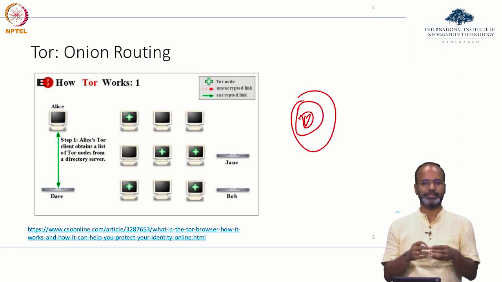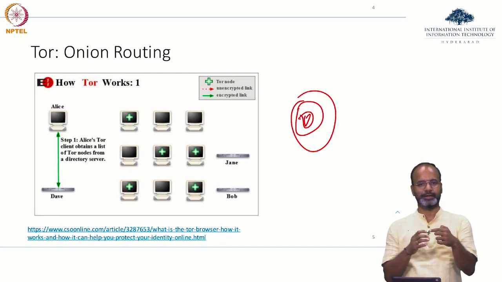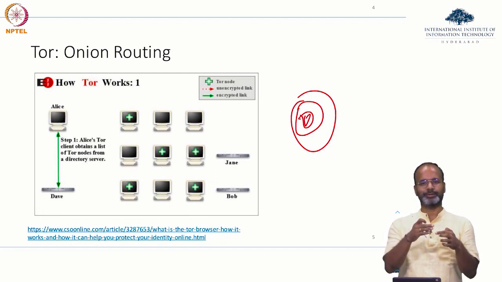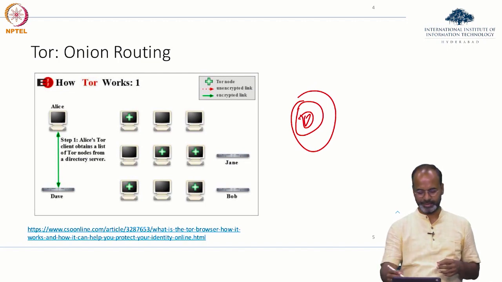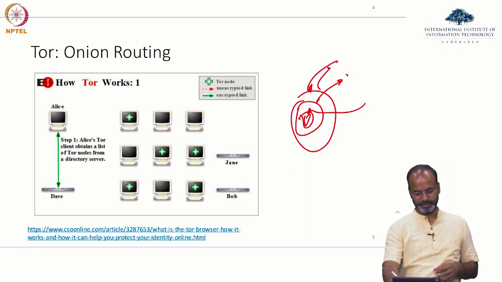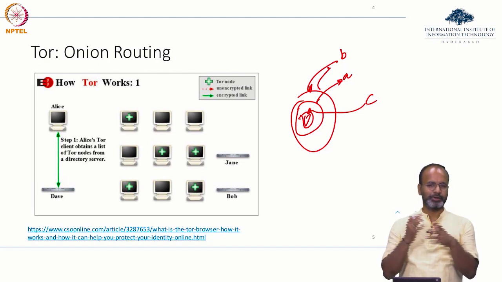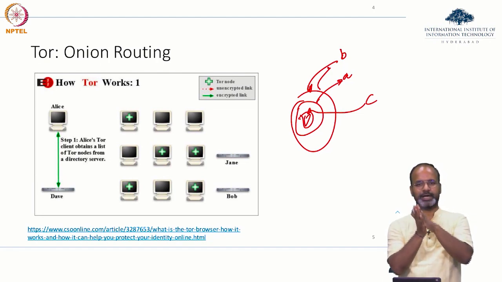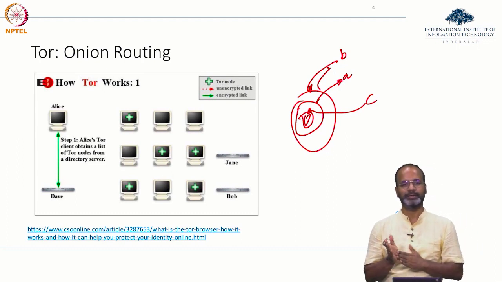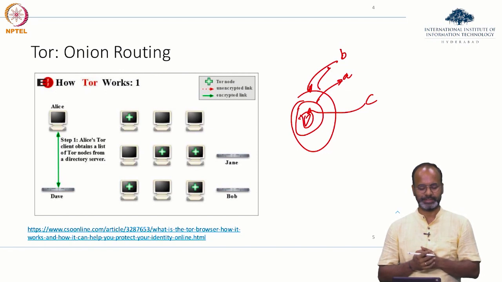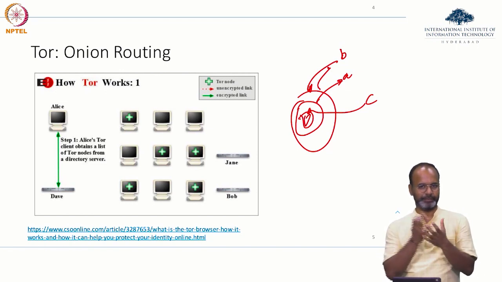You get to see only one layer at a time, and that layer is attached to just the one layer that you peeled and the one layer below that, right? If I peel this layer off, it's attached to this layer and this layer. A layer is getting peeled, B layer is this, and C layer is this. It's built on the idea that only two layers are attached to the layer in between, the layer that you're peeling, the layer that you're looking at. That's the idea of onion routing.